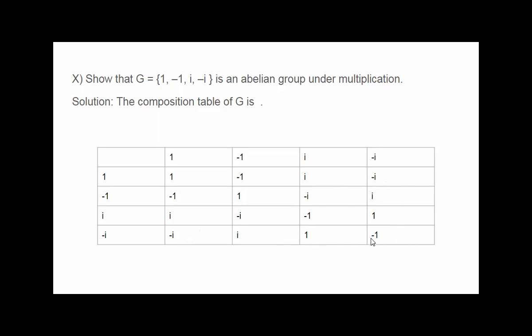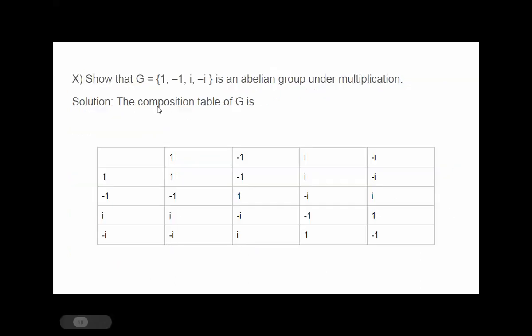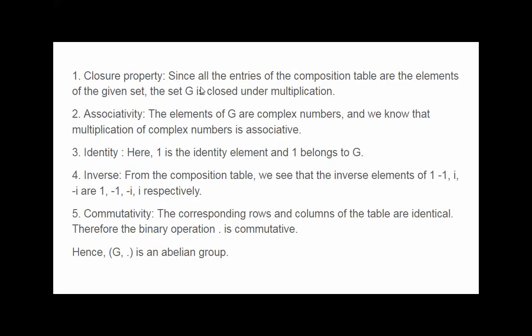So this group possesses commutativity also. So this G is an abelian group. This one, 1, minus 1, I, minus I, is the abelian group. Okay.